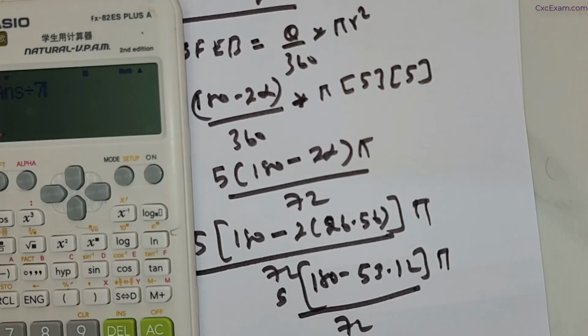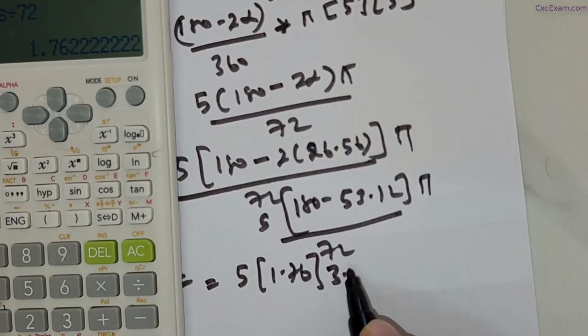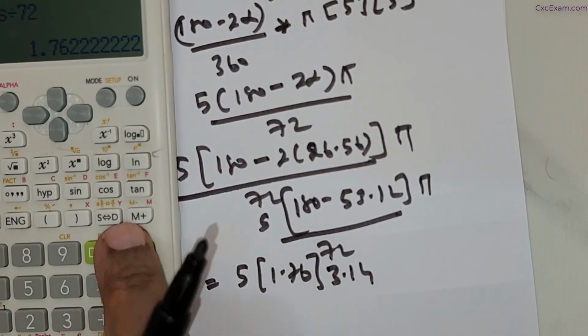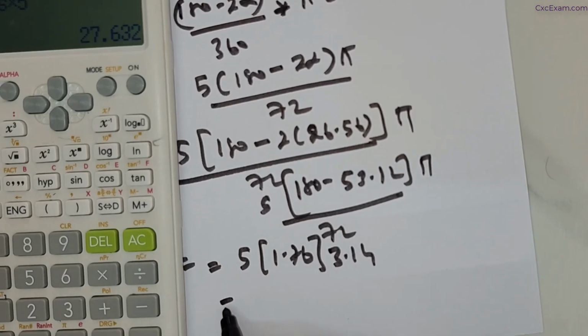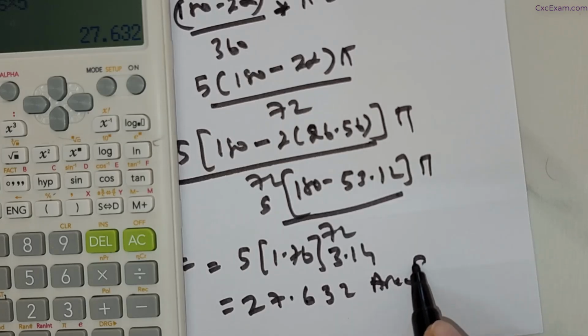I divide by 72, that's giving me 1.76. I have to multiply it with 3.14. So 1.76 multiplied by 3.14 and multiplied again by 5, you get 27.632. This is the area, right? Square units.